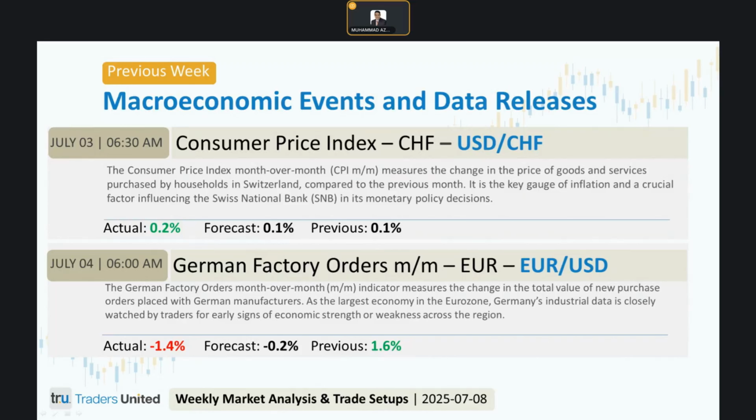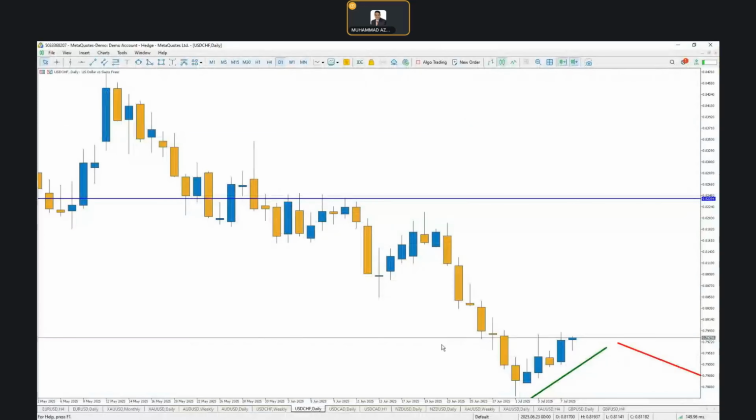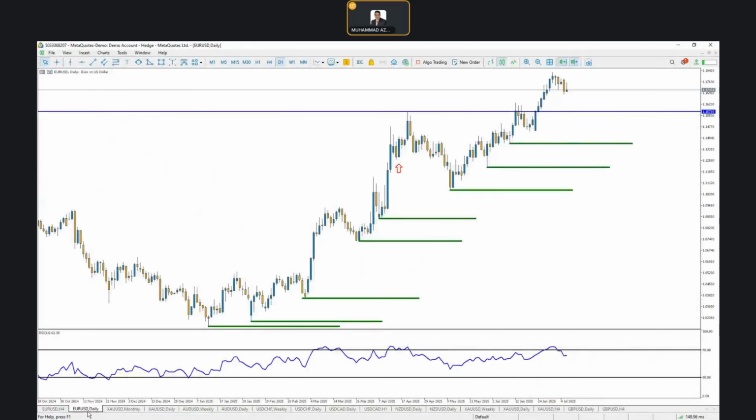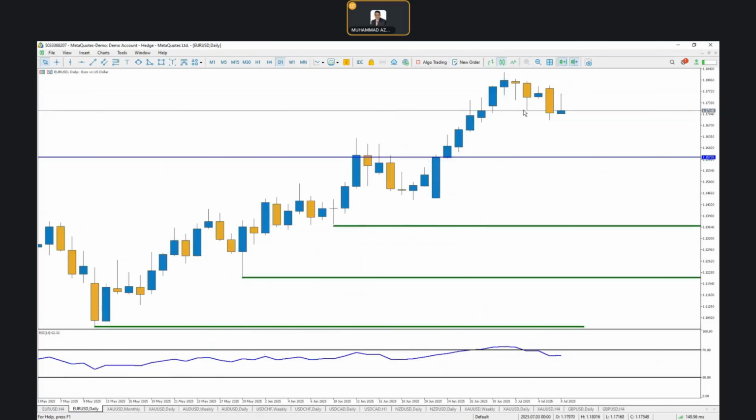Market reaction and the Euro USD impact. Now, following the release, Euro USD dropped as traders reacted swiftly to the weaker than expected data. Now, this is the chart of Euro dollar currency pair daily time frame.